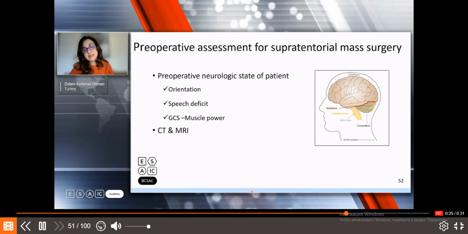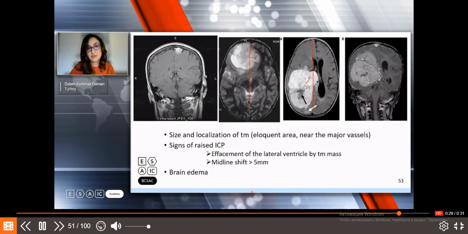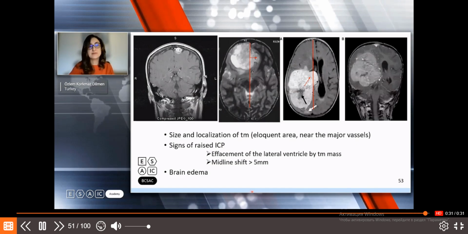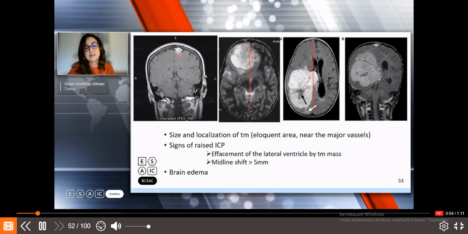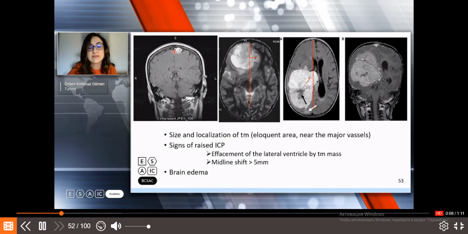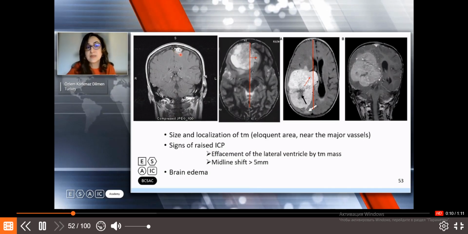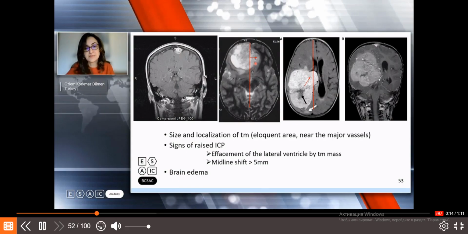Besides this, CT and MRI should be evaluated at the preoperative assessment. As you see here, supratentorial surgeries can be done for just small meningiomas or for giant GBMs.